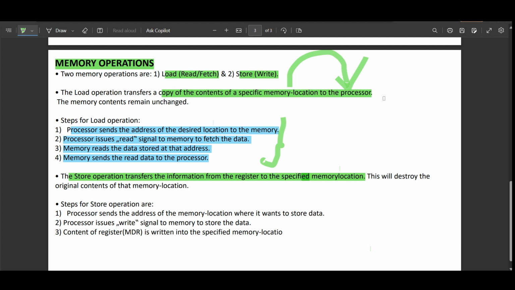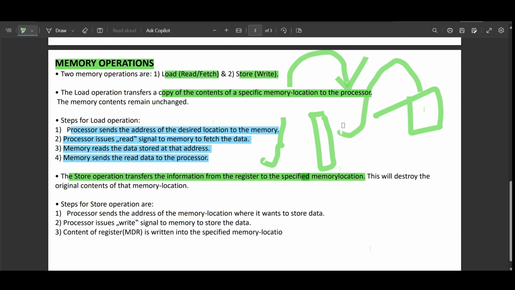So whenever an ALU operation takes place, assume this is the ALU, and this is the general purpose register. In the ALU, certain operations take place. After that operation gets over, the result will be stored in the general purpose register. If I require that result to be stored in the memory, I will send it from the register to the memory, and in some location of memory I will store that result.